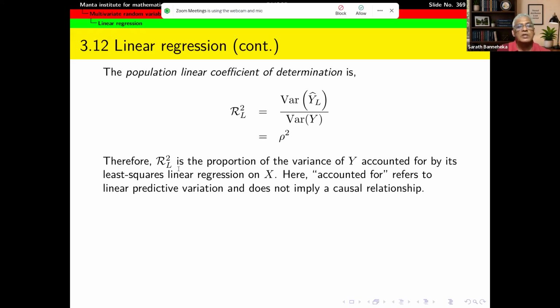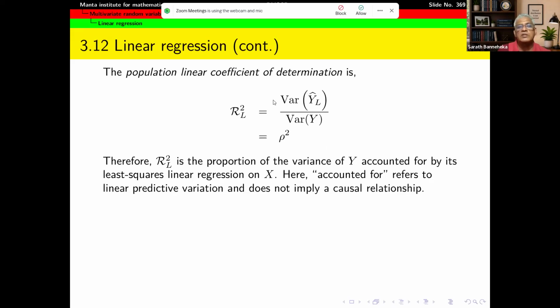So therefore, the R square L, which is the proportion of the variance of y accounted for by its least squares regression on x, is equal to this rho square, right? So R square L is interpreted as the proportion of the variation of y accounted for by its least squares regression line.